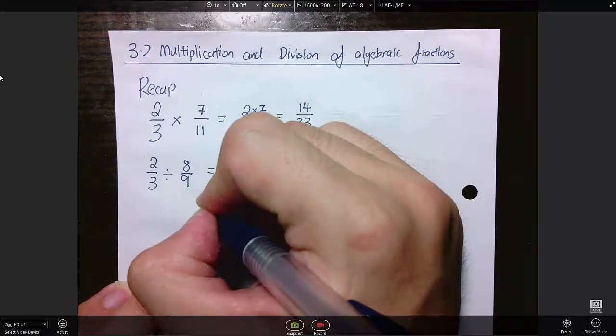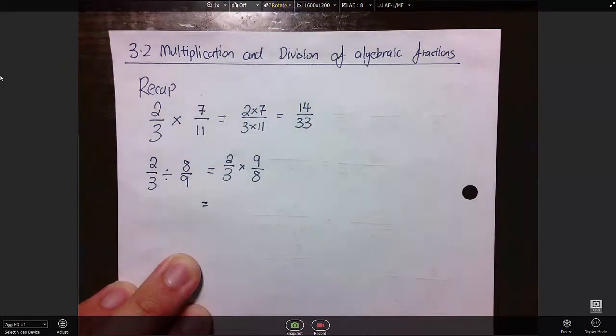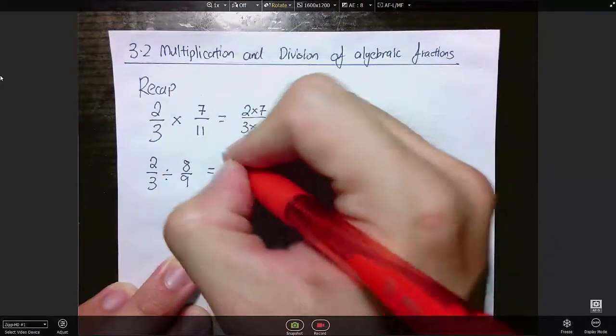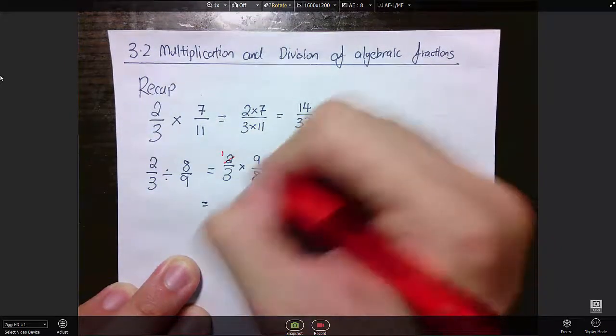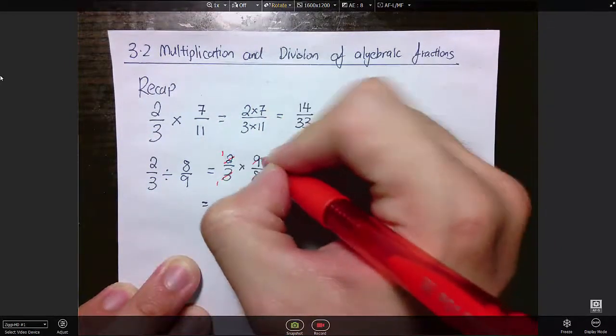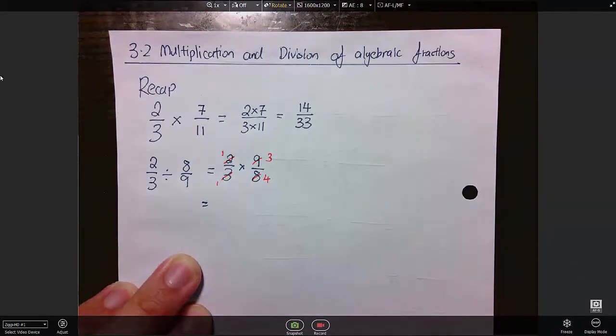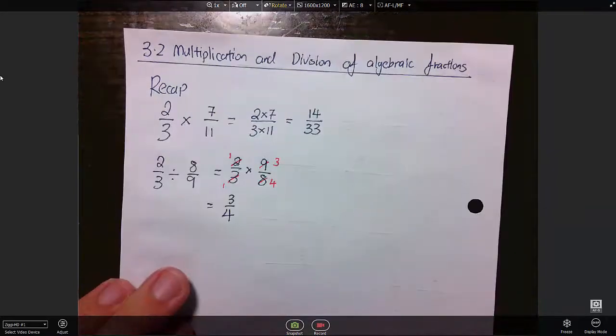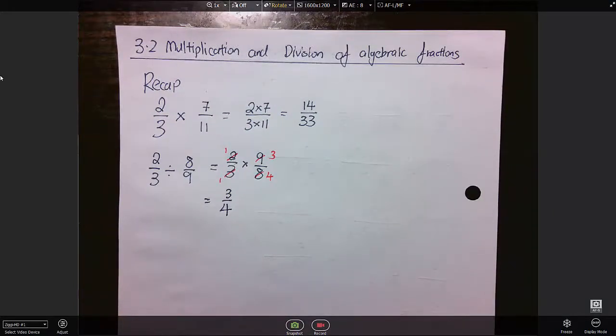Here we can take the opportunity to simplify. 2 and 8 gives me 1 and 4. 3 and 9 gives me 1 and 3. So eventually I'm left with 3 over 4. And that is what we have learned basically in primary school.